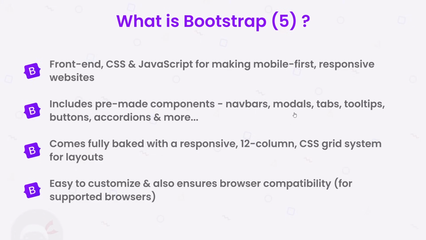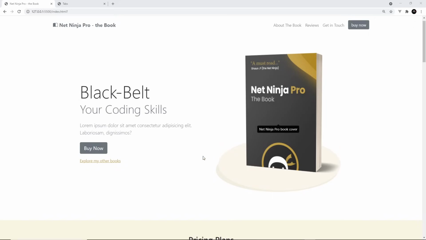And on top of all of these features, it also takes care of browser compatibility so that your website looks pretty good on any modern browser and device. And now Bootstrap has just released a new version, version 5, which includes new features. And that's the version we're going to be using in this series.